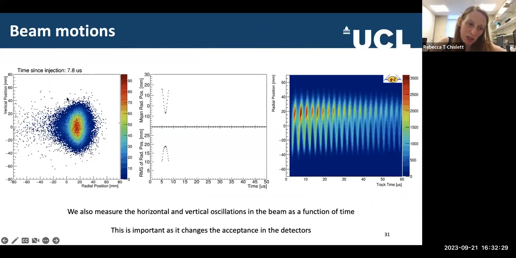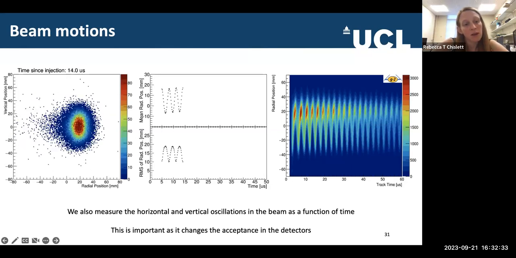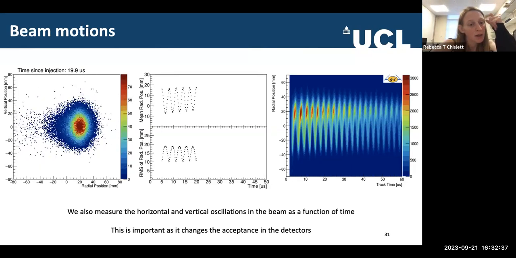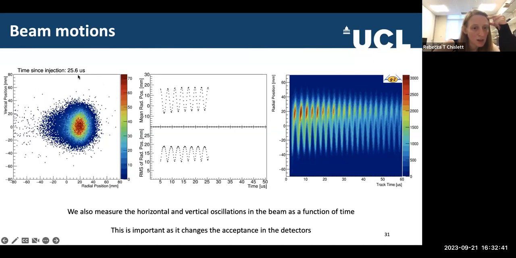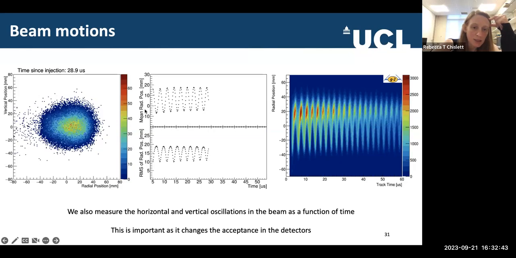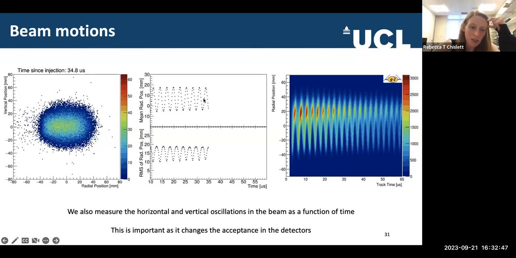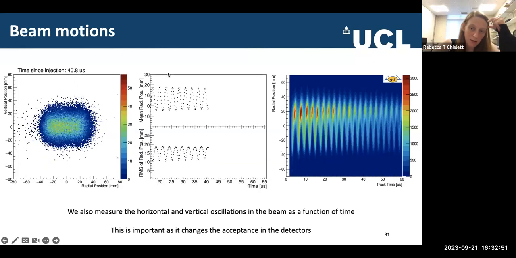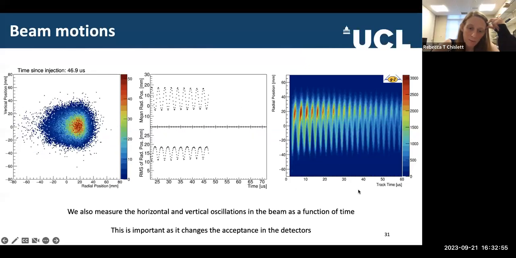We actually measure the beam distribution as a function of time. So you can see how much the beam moves over time. So this is the beam distribution, and then the time's counting up. And then you can see the variation in the radial position and the radial width in the plot here, and then a summary plot there.